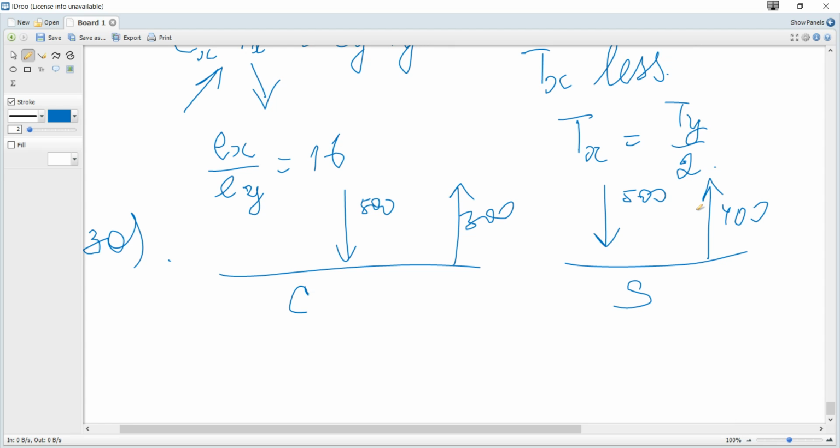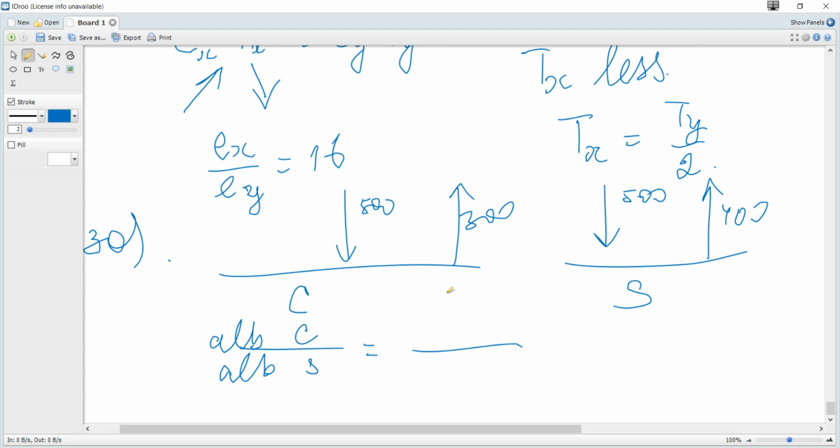What is albedo of concrete divided by albedo of snow? What is albedo by definition? It's the fraction of reflected light.